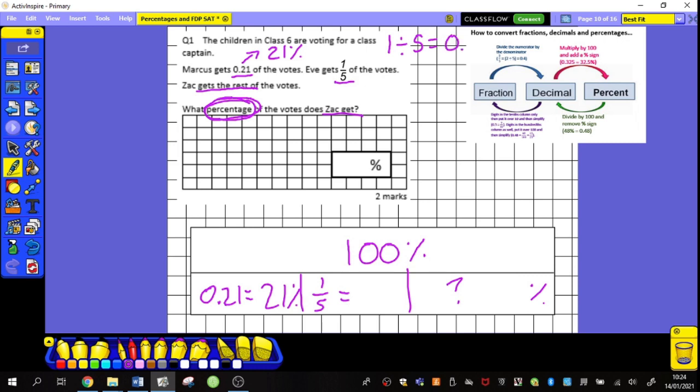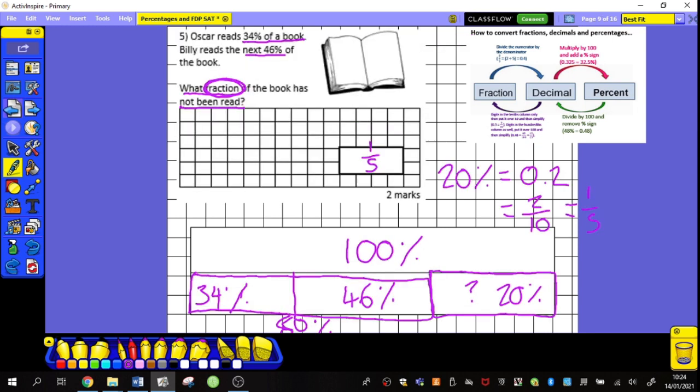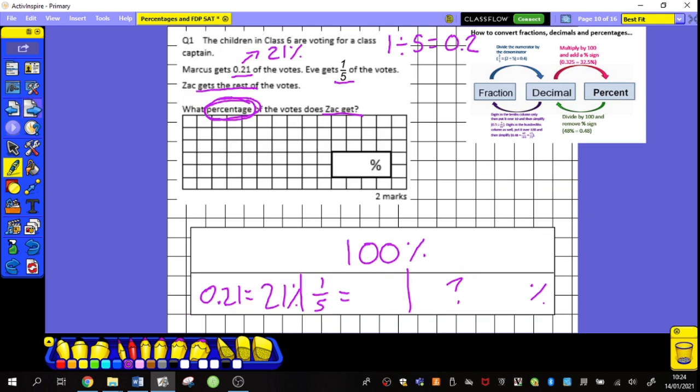I know from doing these questions so many times that is 0.2. And on the question we just did back here, 0.2 is the same as 1/5. Once I have it as a decimal, now I can multiply by 100 and add the percentage sign. So 1/5 must be 20%. Again, we did that in the last question.